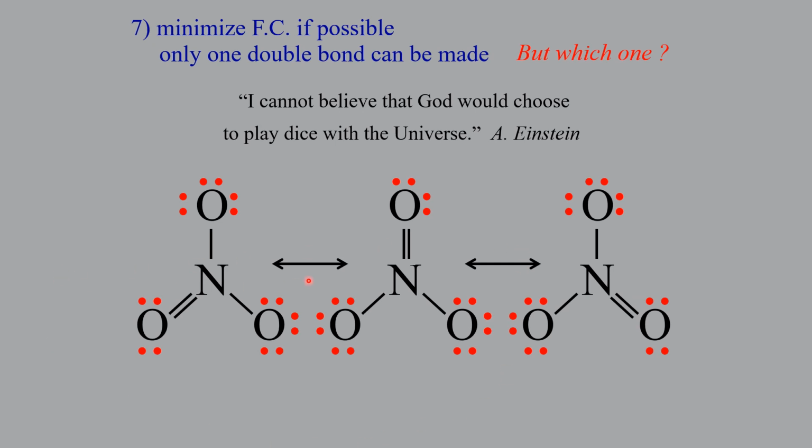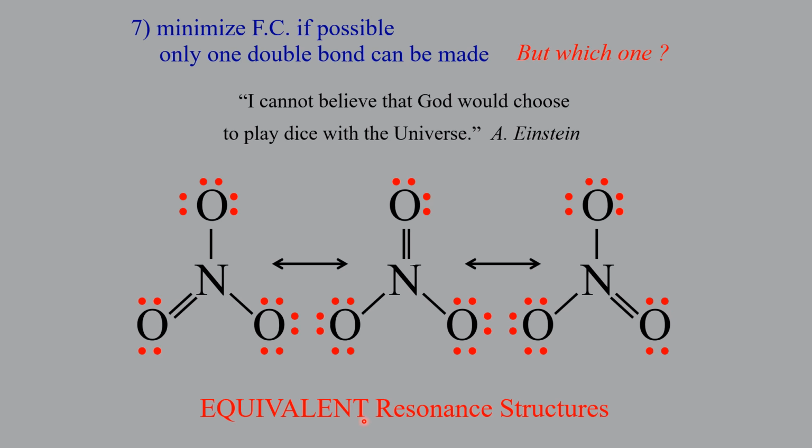So these individually are called resonant structures. Originally people wanted to think that it was resonating between one and the other, but now we think it's more an average of those 3. Now, furthermore, since these are all exactly the same structure, we just kind of randomly chose 1 bond to be the double bond and the other 2 not to be.